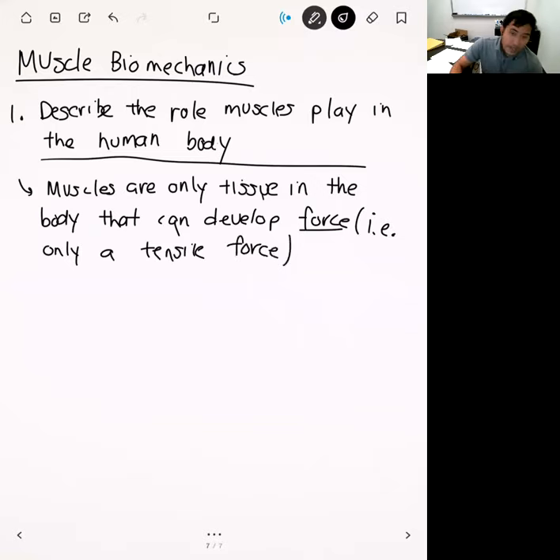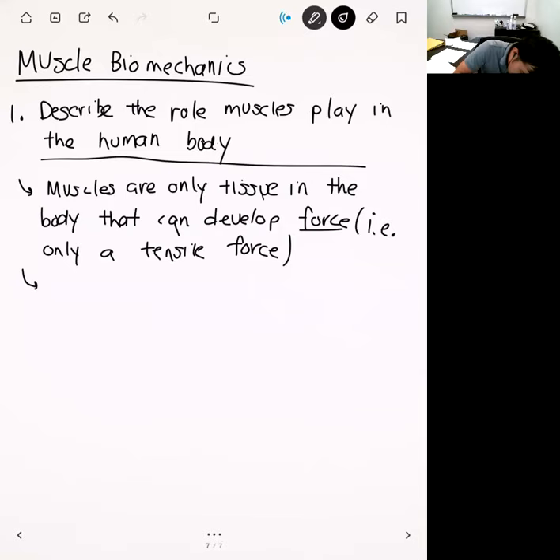All right. And so this is a very valuable asset. And that's why muscles are, just like bones, one of the most important types of tissues that you have in the body. Okay. Because muscles are capable of generating force, these are the main tissues that you're going to use to produce movement.